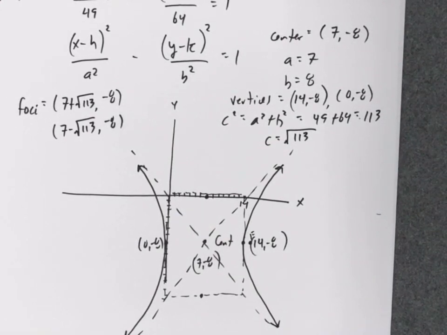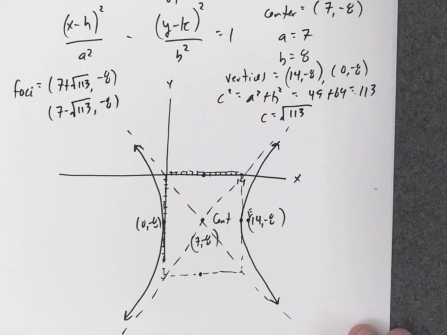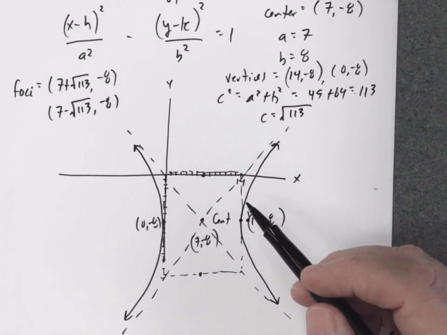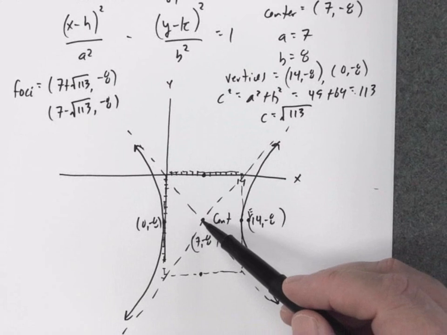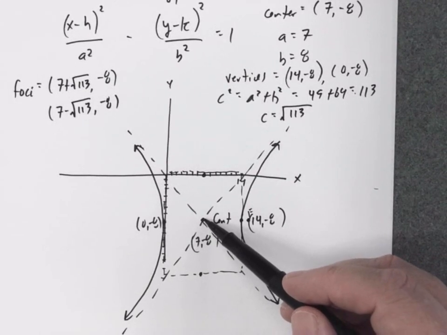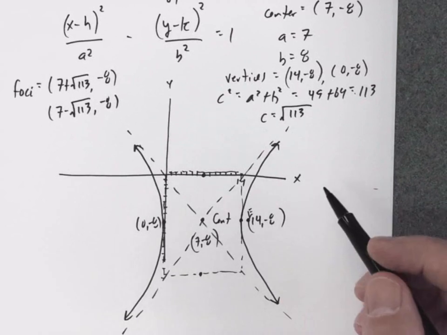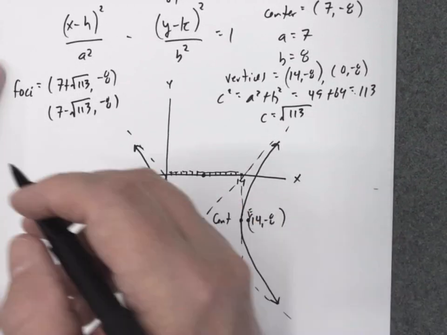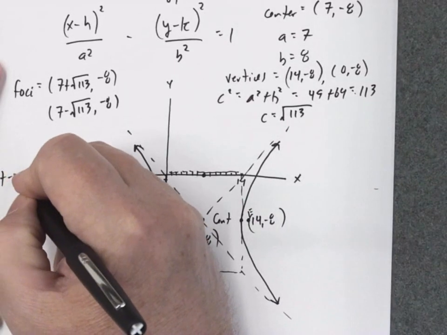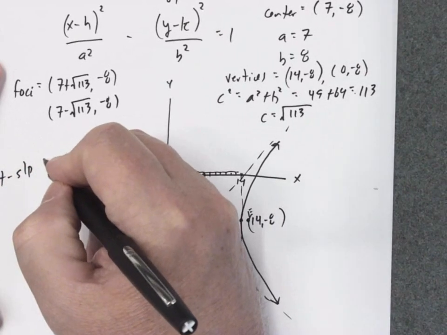Asymptotes. Asymptotes are sort of messy on this one. Last thing we have to do. Now for the last one, since the center was at the origin, it made it a pretty simple problem. This one, the center is not, so it's more difficult. We're going to end up using what's called the point slope equation, if you remember back to algebra.